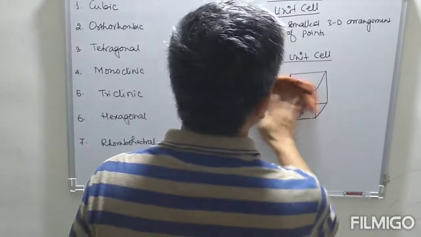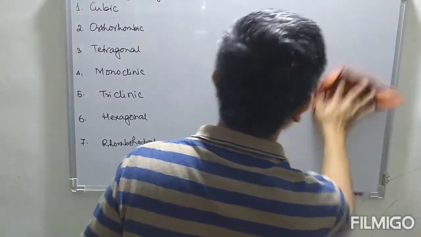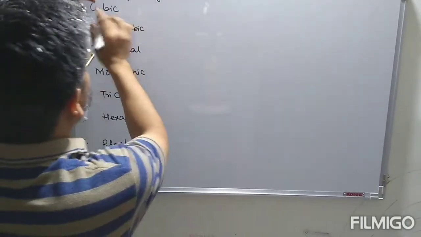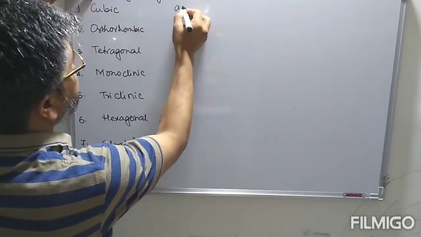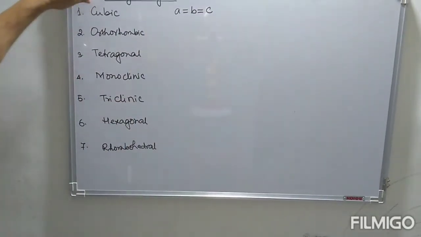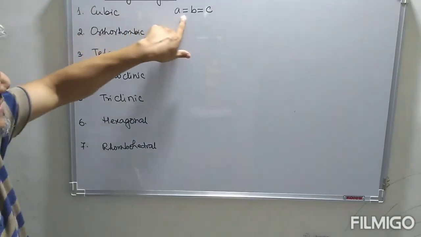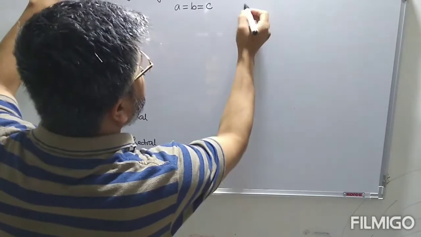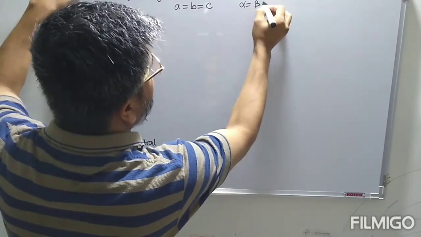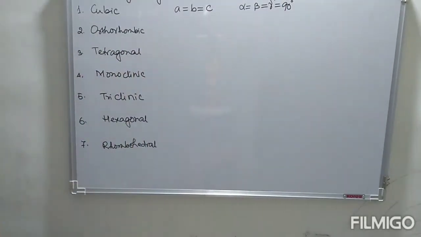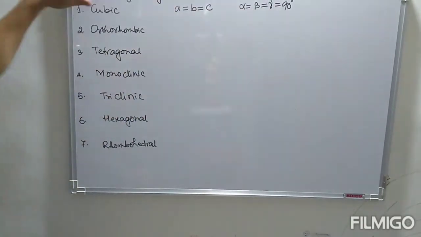Now let's define alpha, beta, gamma and A, B, C. In a cubic unit cell, the edge lengths A equals B equals C, and the angles alpha equals beta equals gamma equals 90 degrees. If we have this combination, this is known as simple cubic crystal.